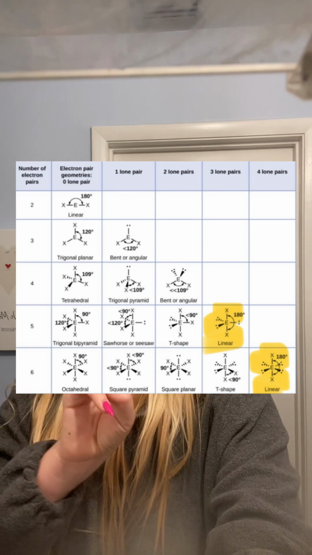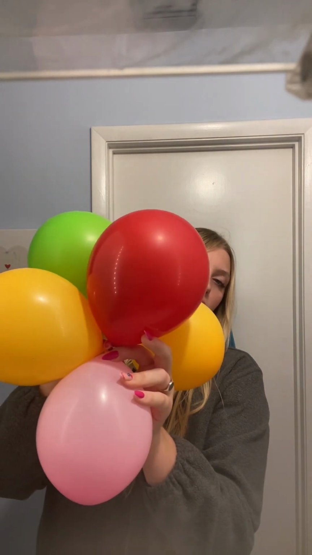Next, we will look at another linear geometry, but this time it's with 3 lone pairs and 2 bonding areas. A molecule that is an example of this is xenon difluoride, or XeF2. So for this one, we're going to use 5 balloons again, and we've got 3 in the front here and 2 in the back.